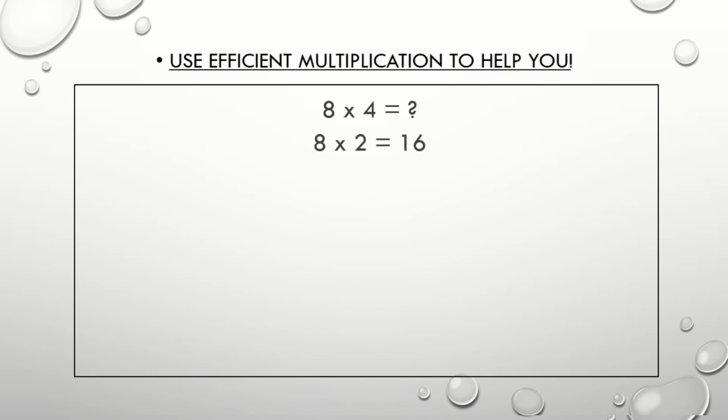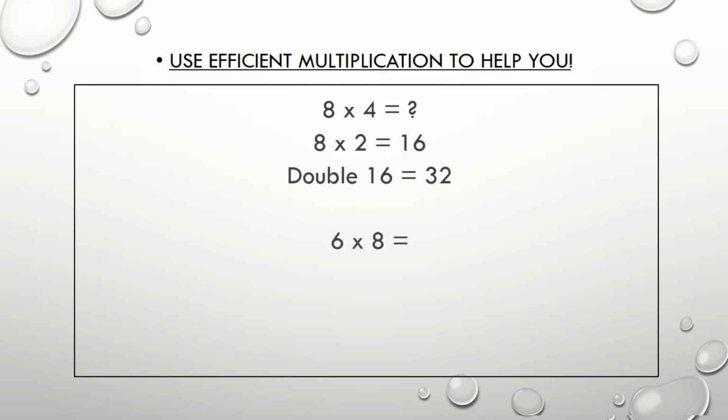If we know our 2s, we know our 4s, we know our 8s. So we can look at it and go, right, I know my 2s, 8 times 2 is 16. I can then double 16 and that gets me 8 times 4. Much, much quicker than me going 4, 8, 12 and going up like that.